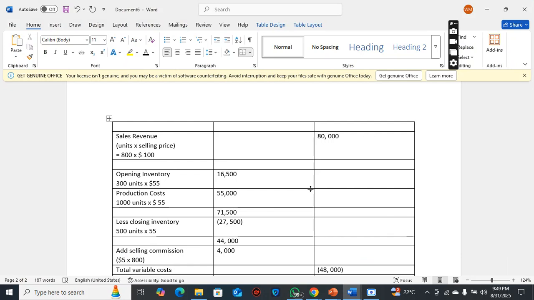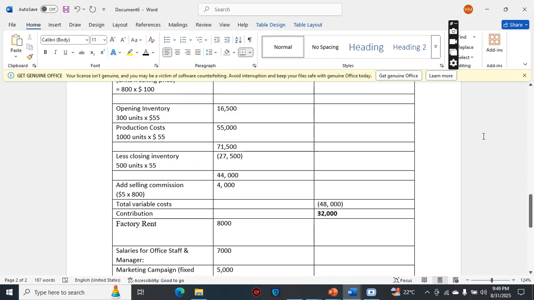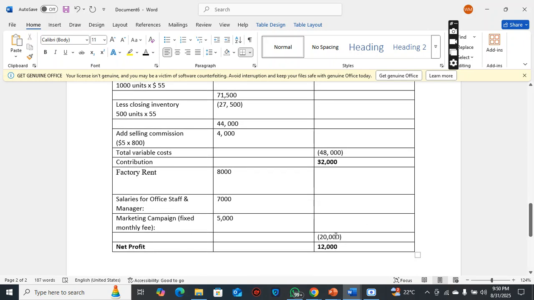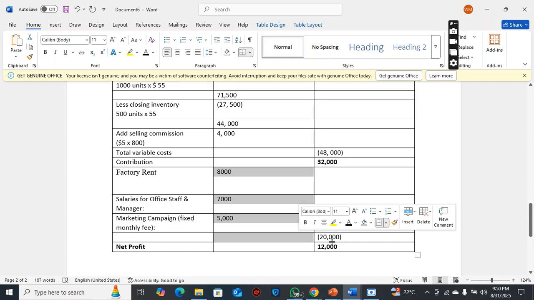And if there are any other variable costs which are not related to the factory, include them. Then you get your contribution by deducting your variable costs from sales revenue. And after that, get your net profit.